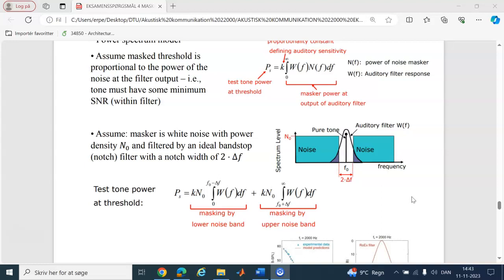So the test tone power at threshold is the contribution from the masking by the lower noise band plus the masking by the upper noise band.